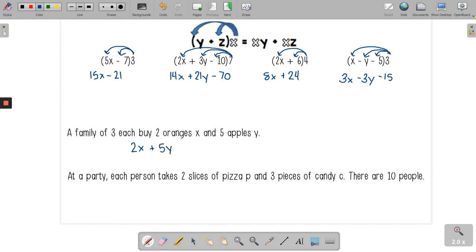Since everybody's buying it, it's all going to be multiplied by 3. Do this the same way, we're going to distribute. So 3 times 2x gives us 6x. And then 3 times 5y gives us 15y.